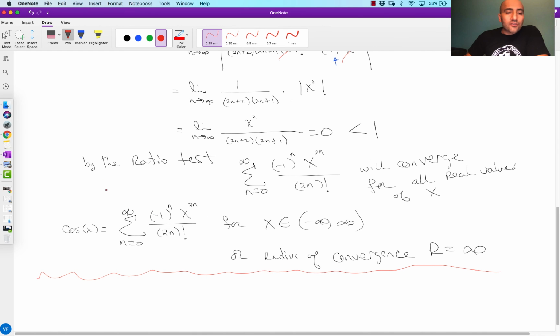It wasn't part of the question, but now that we have cosine this way, we can also think about what sine is. So what is sine now?